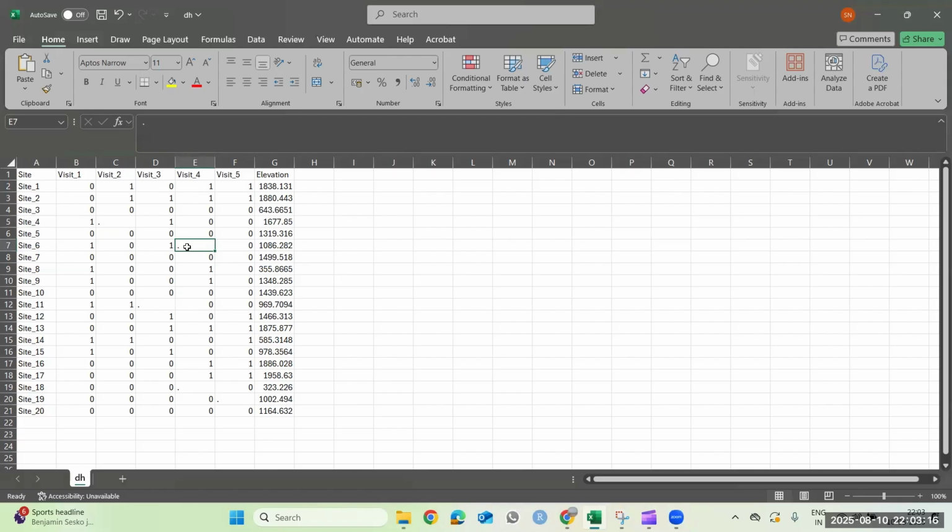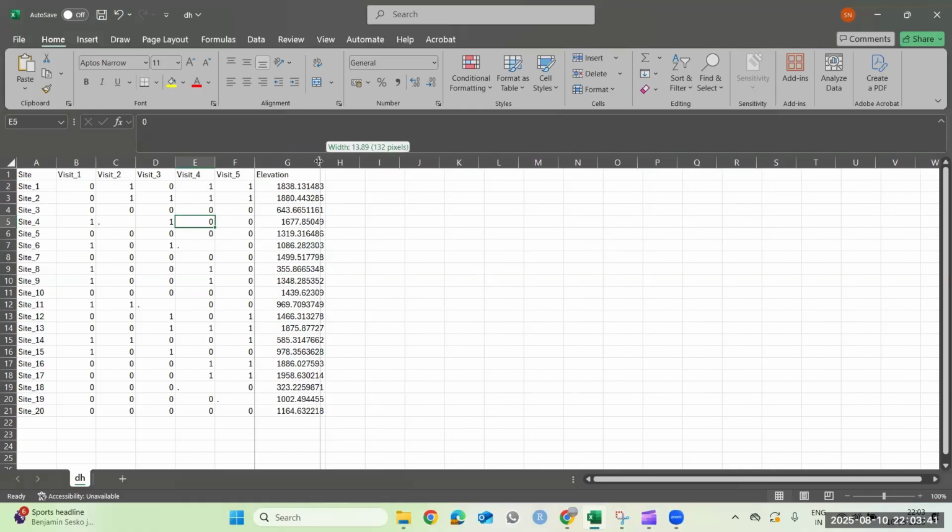There is an option to identify those as missing replicates, and the model will interpret them accordingly. We can go into detail of what it looks like, but for now, this is it. So the values are 0, 1, or a dot, which means a missing or missed replicate.